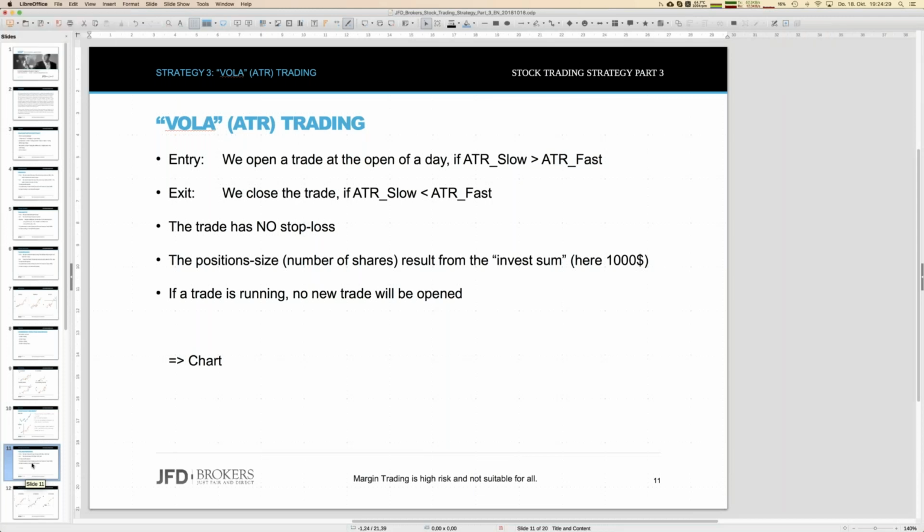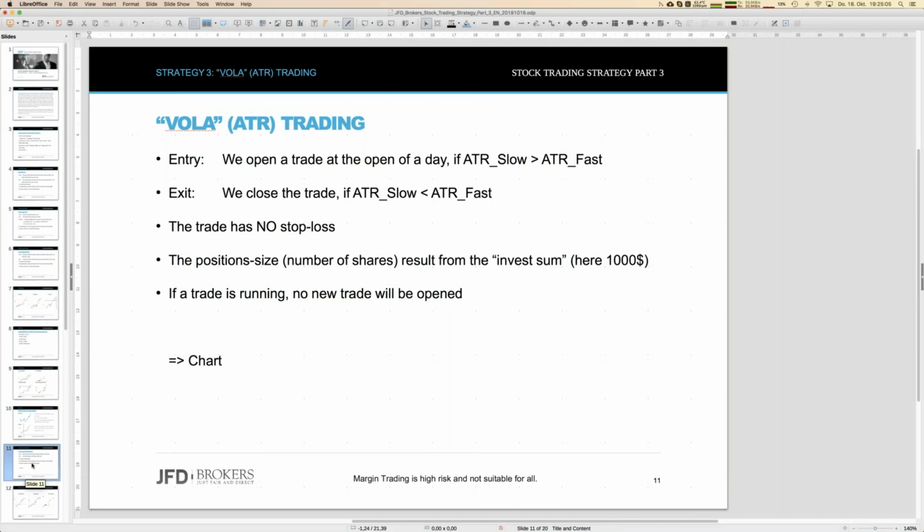So since we now want to have an indicator on individual stocks, we need something else. And what I thought, okay, why not just go for ATR, the average true range, which is also related to volatility. And the basic idea has been to say, so now I want to step out if volatility is high.